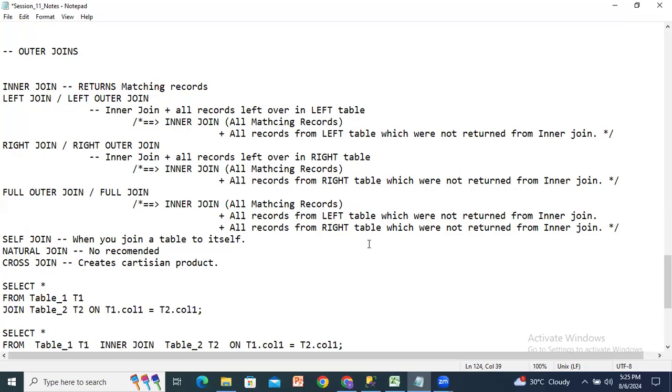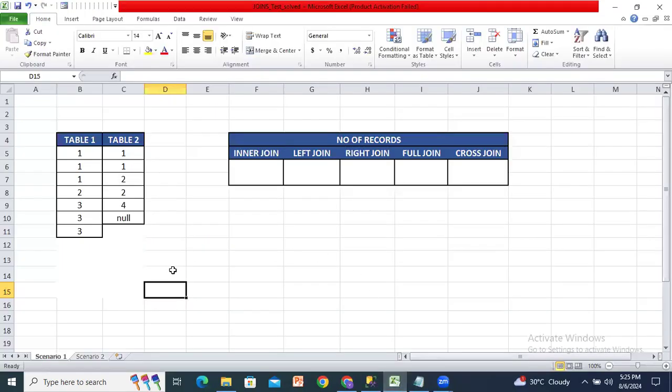Now I will look into some scenarios. I'll create one table. Here I'm taking one scenario, table 1 and table 2. This scenario is a very common interview question.